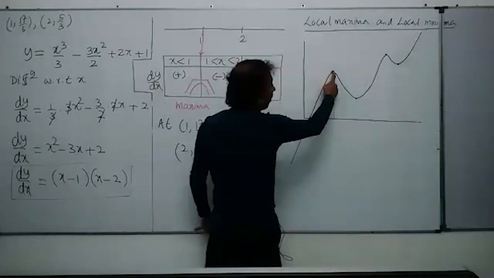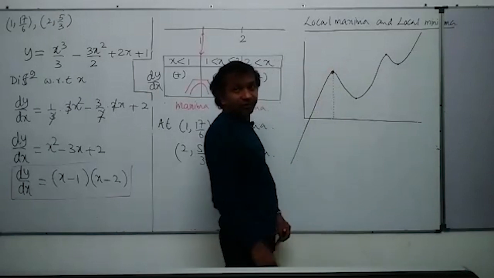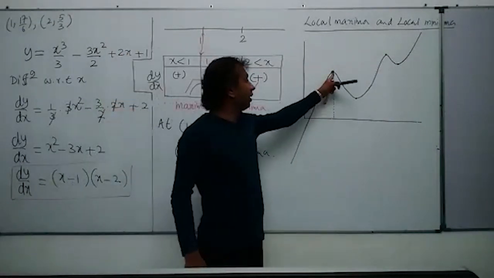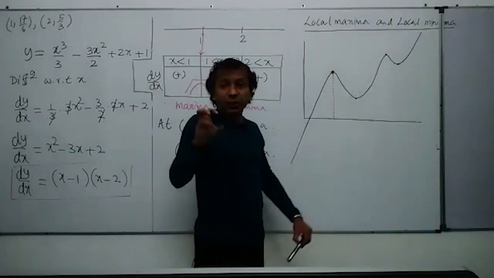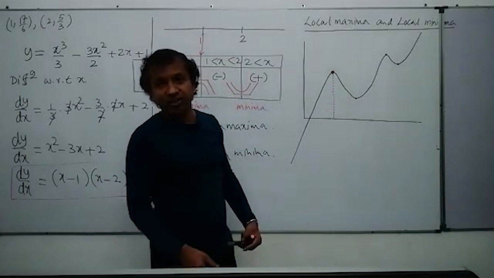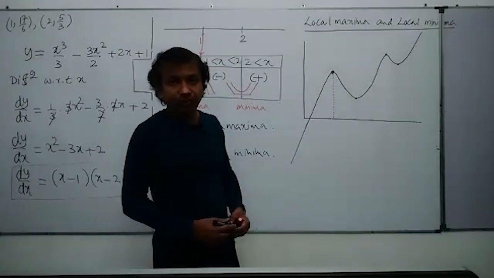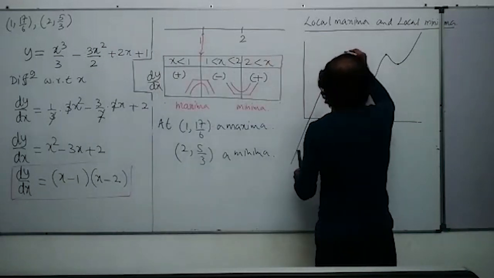When we compare on either side of these points on the left and right, compared to the y values of those points, this is the highest y value. Therefore, this is called local maxima. Right? Understand, people? That is how we identify local maxima and local minima. So we will mark this one as local maxima.